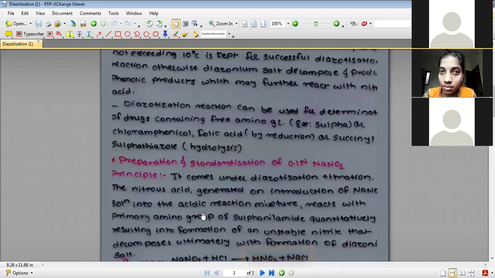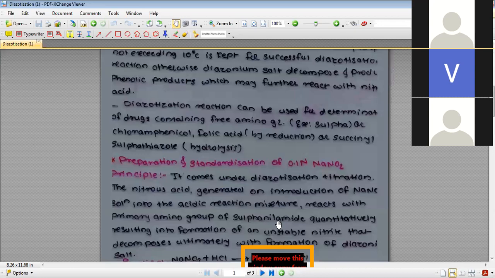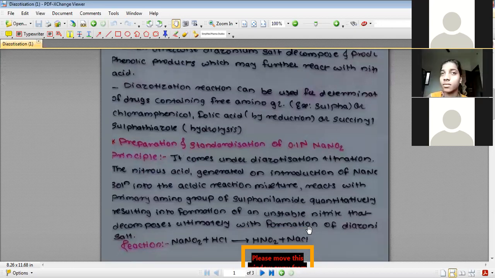The nitrous acid, which is generated on introduction of sodium nitrite solution into the acidic reaction mixture, reacts with the primary amino group of sulfanilamide quantitatively, resulting in the formation of an unstable nitrite that decomposes ultimately with the formation of diazonium salt. This is the basic principle behind diazotization titration or standardization of 0.1 normal sodium nitrite. The basic principle of diazotization as well as of 0.1 normal sodium nitrite is the same.